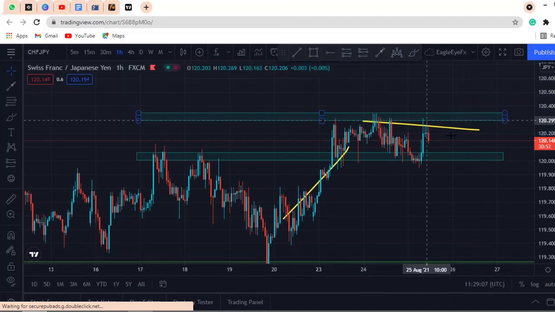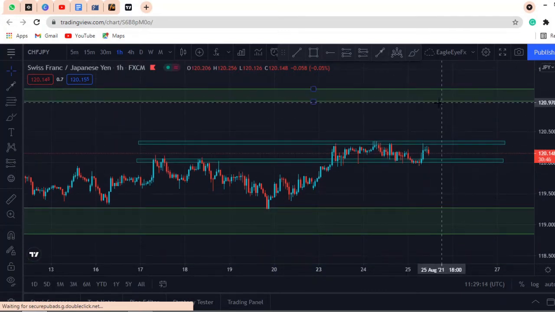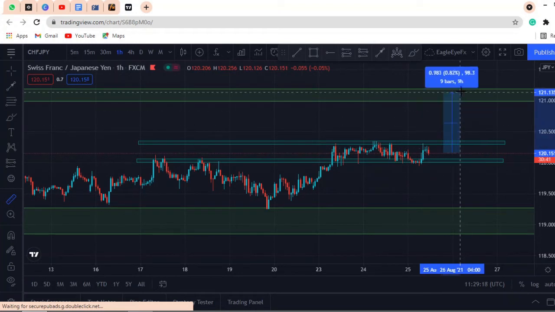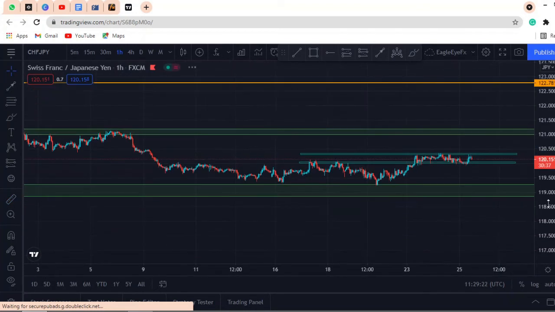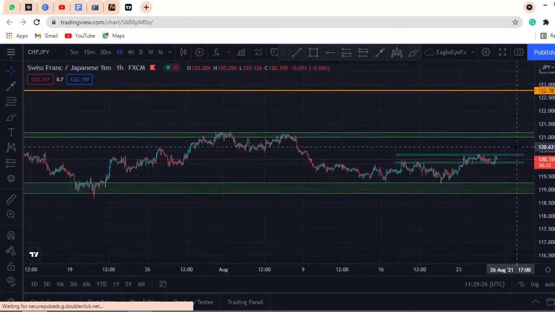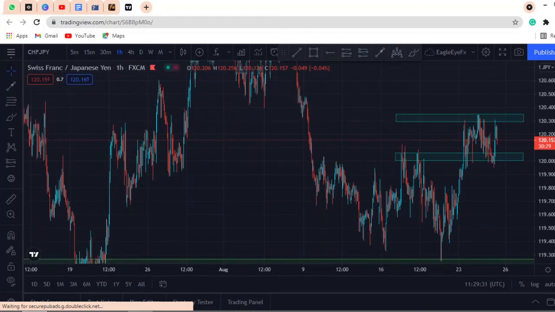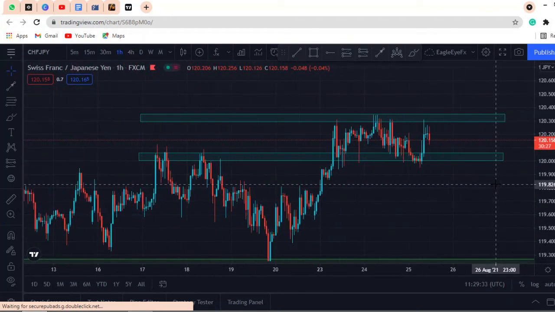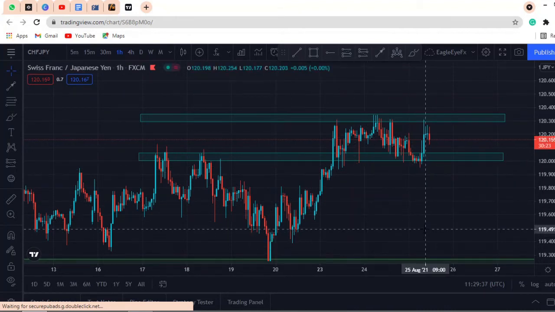Maybe the market is finding momentum to continue buying up to this particular level here, and you can see that's almost like 100 pips or so, or perhaps more momentum up to this level here, 122781. So that's what I will do, because the market is on a bullish move.